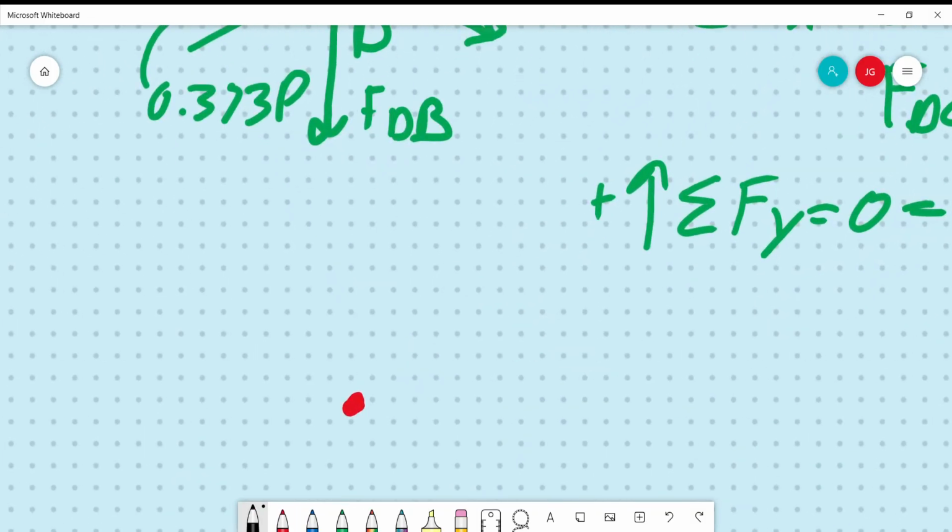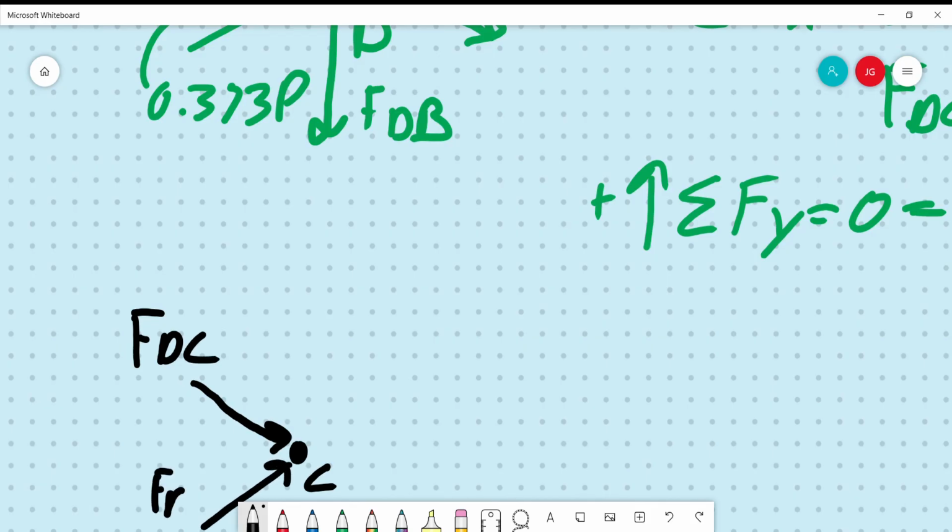We got point C. So really what we'll be left with is that FDC here, that FBC, and then we'll have this one that comes out this way, and that's FCE.